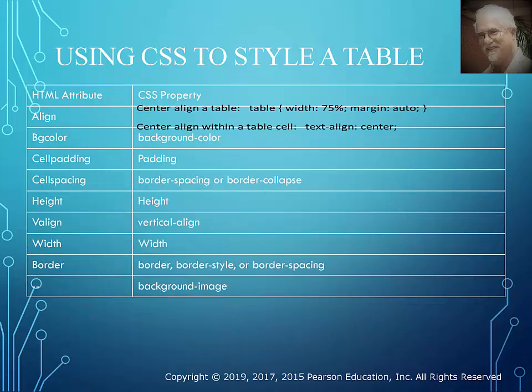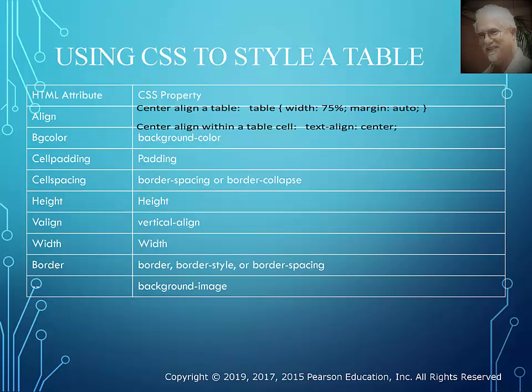Okay, let's style a table. Okay, so you have HTML attributes and then you have CSS properties. The attributes have kind of been deprecated now, and everything is going more towards CSS properties. We're trying to do everything with CSS. So instead of bgcolor, you want to use background-color.